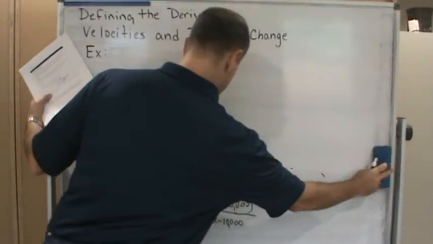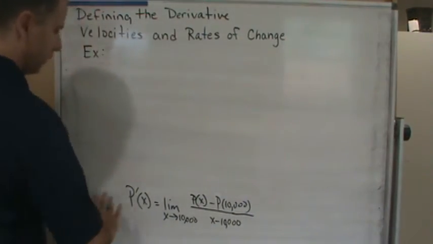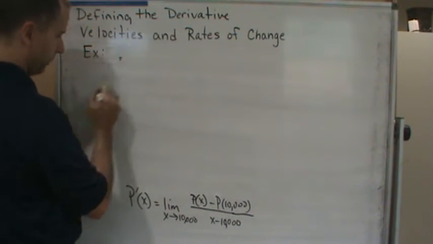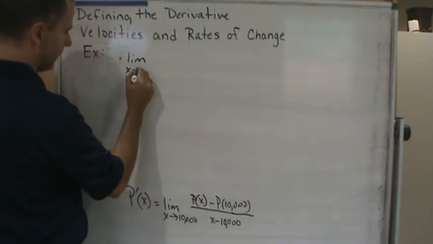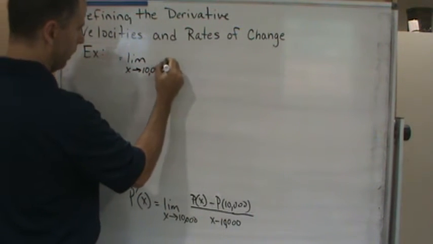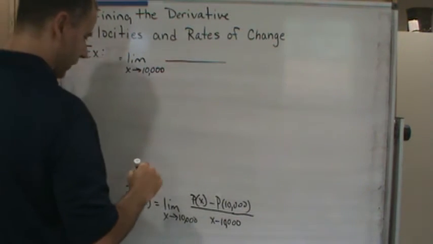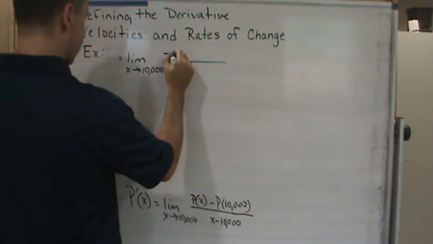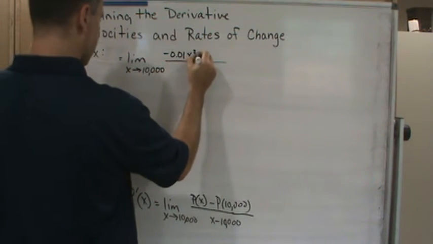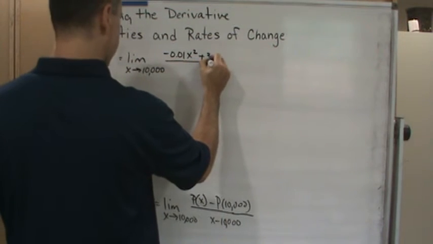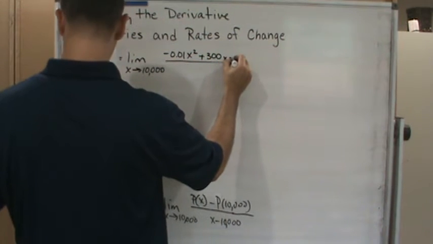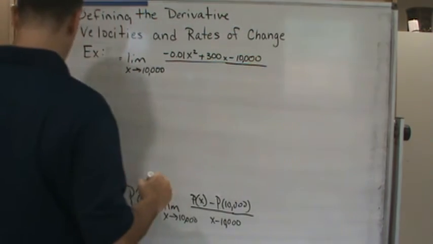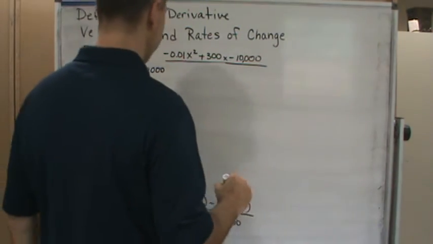So now this is going to equal the limit as x approaches 10,000 of P of x, which we already have as negative 0.01x squared plus 300x minus 10,000, and then minus P of 10,000.